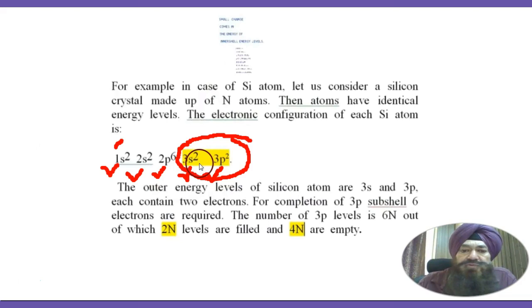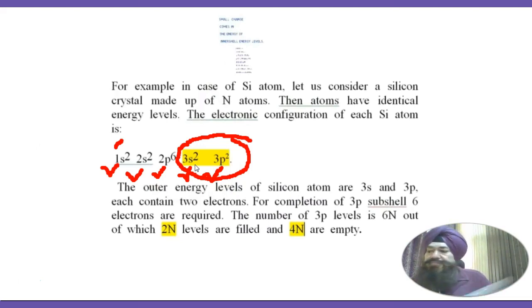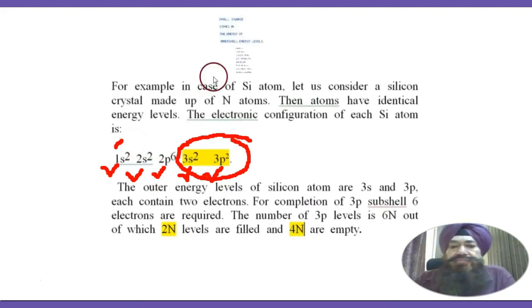So the total levels are 6 here and 2 here. 3s has 2 levels, 3p has 6 levels. So total 8 levels with one atom.